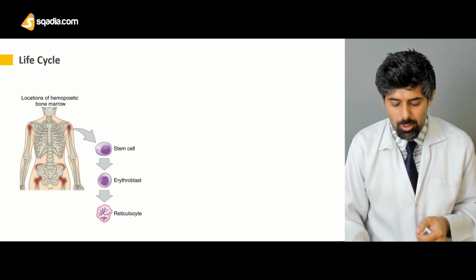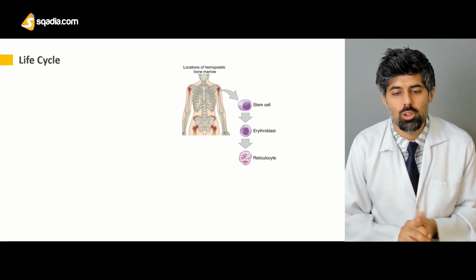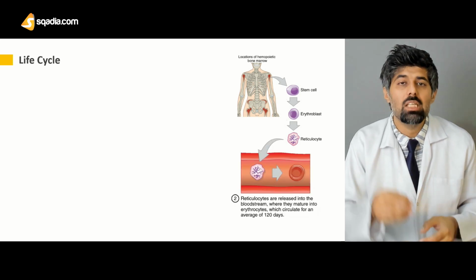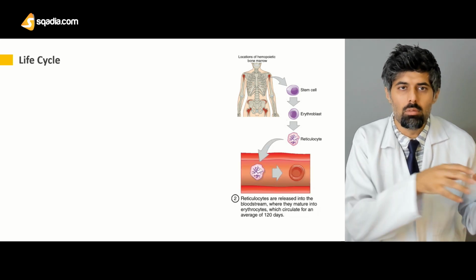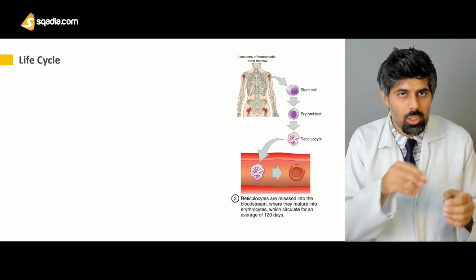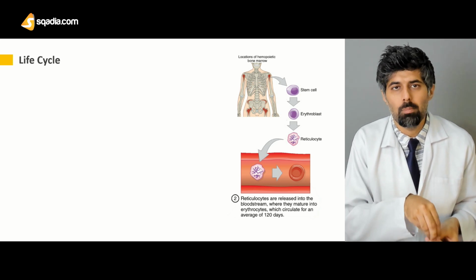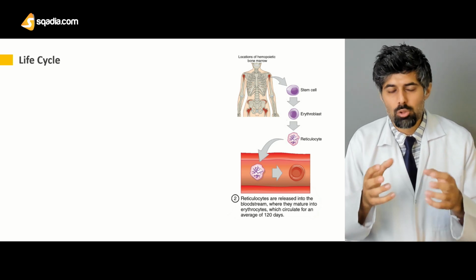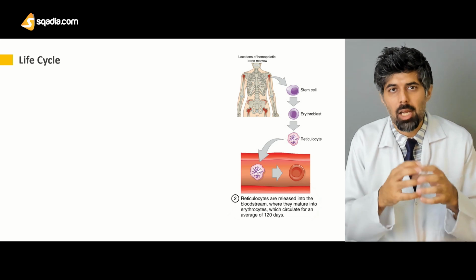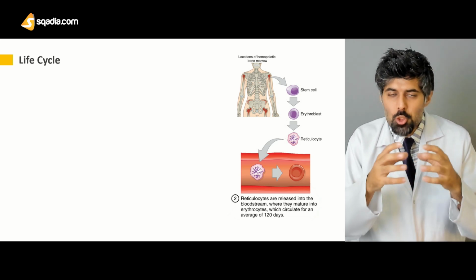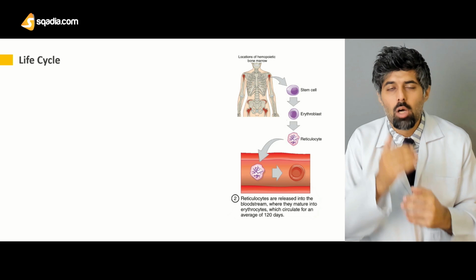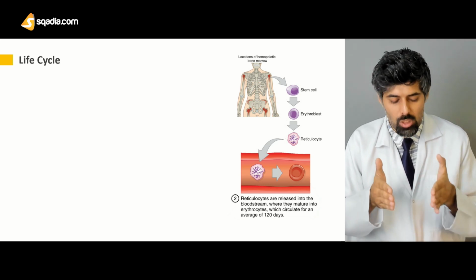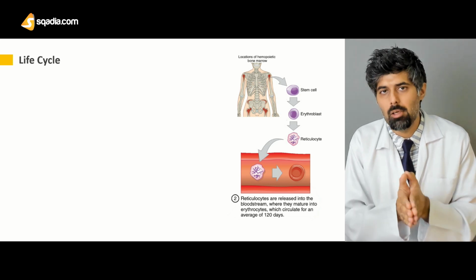Once this reticulocyte has been produced, it comes into the circulation of the blood. It does so via a process known as diapedesis, because the reticulocyte has a shape like a bag, and because it is shaped like a bag and about half of its space is empty, it can squeeze through even the tiniest hole of a capillary.